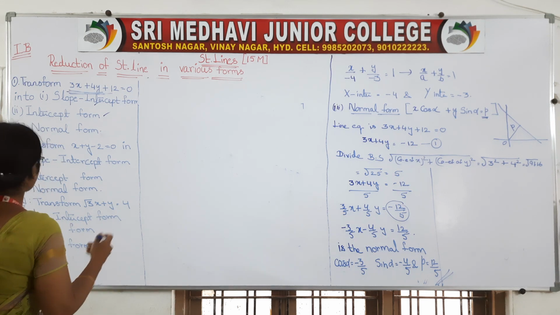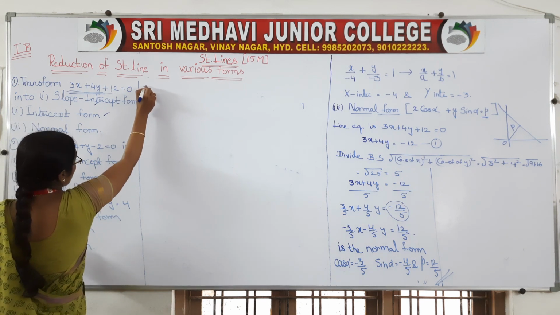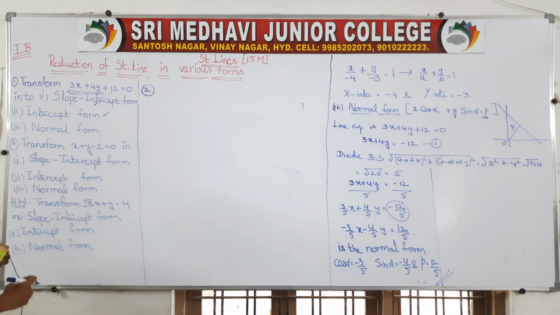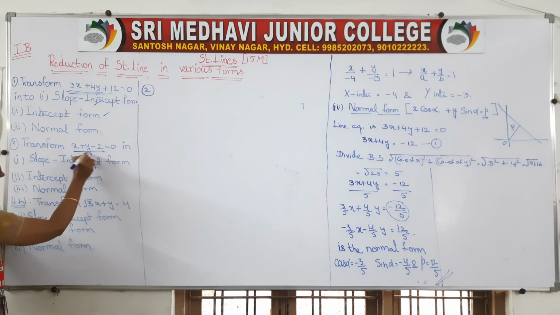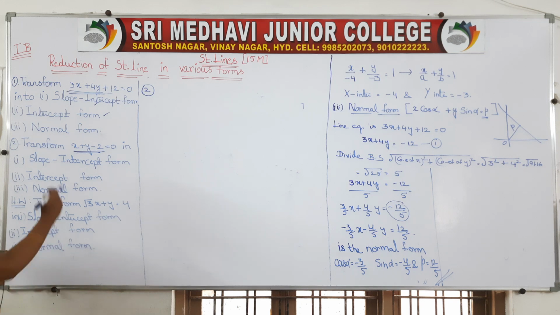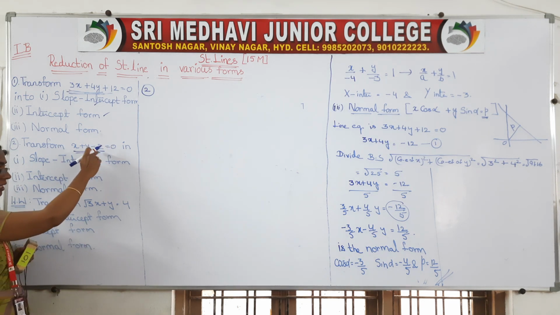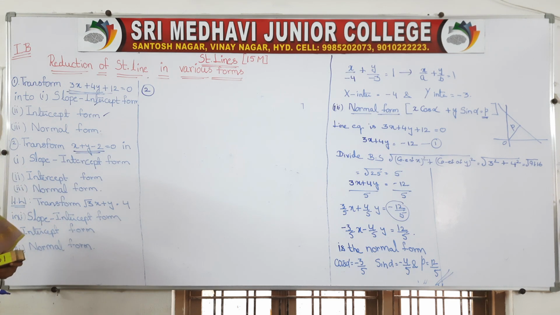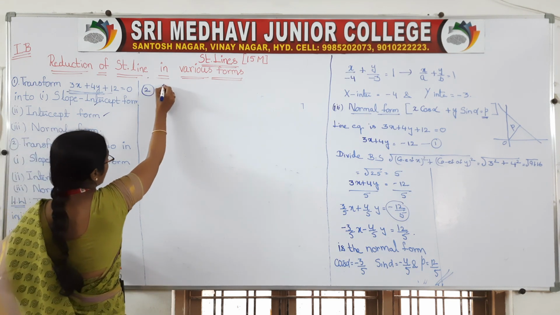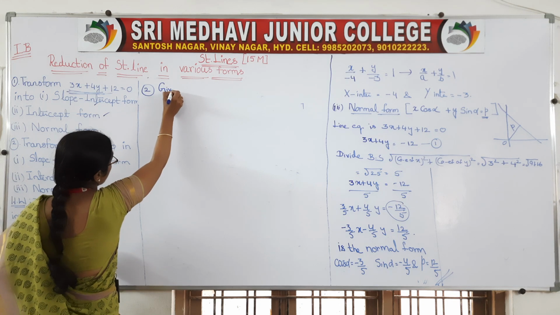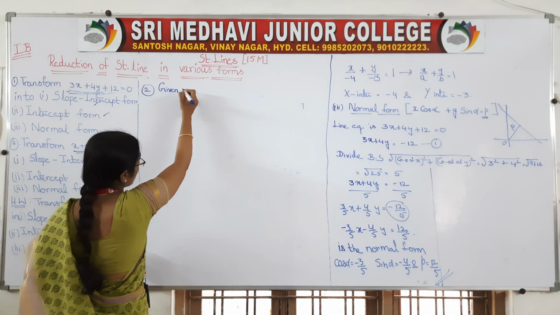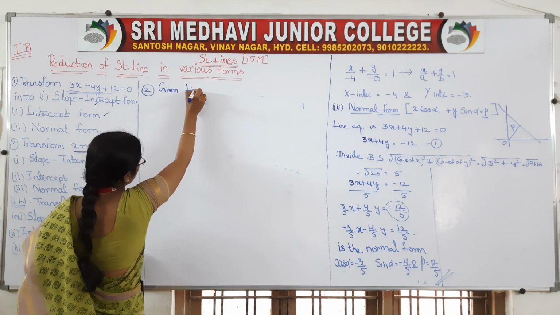So now take your second question. What is the given line equation? This is your given line. They will give a general line equation, ax plus by plus c is equal to 0, and we have to convert that into these 3 forms. So write down given. In any problem, first you have to write the given information.